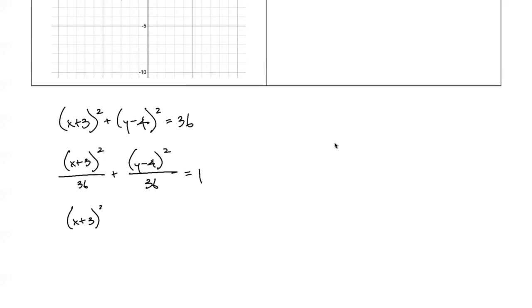You notice how on the numerator I have something squared? How could I write a similar structure on the bottom? Like if I didn't want to write 36, how else could I write it? Perfect, 6 squared. Okay, well, let me do the same thing for the second fraction. y minus 4 squared over, oh, it's the same number, so it's just going to be 6 squared again, equals 1.